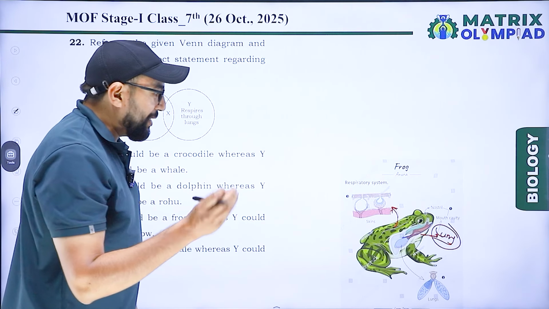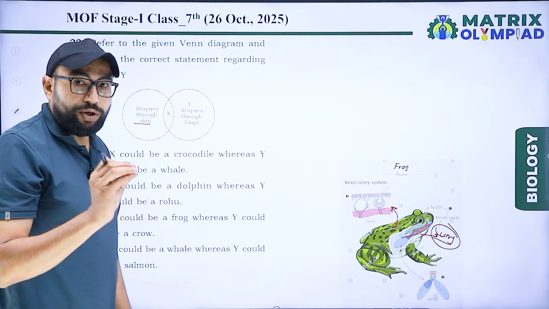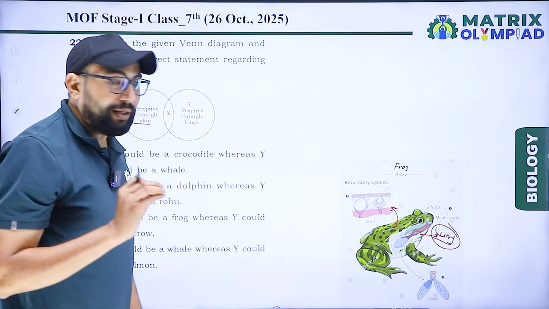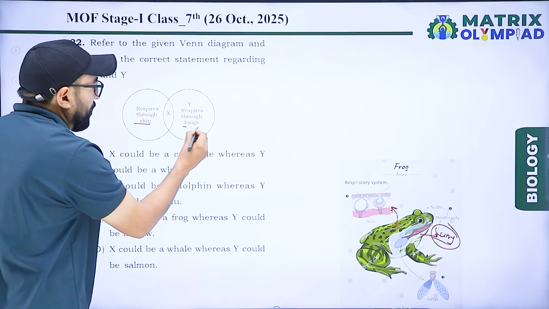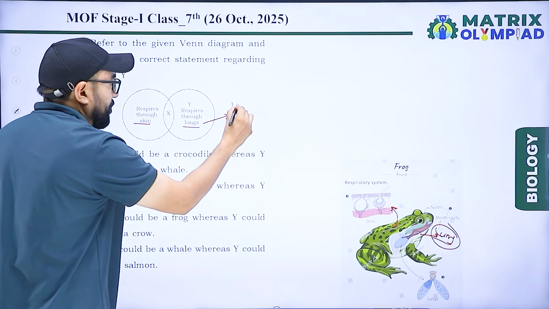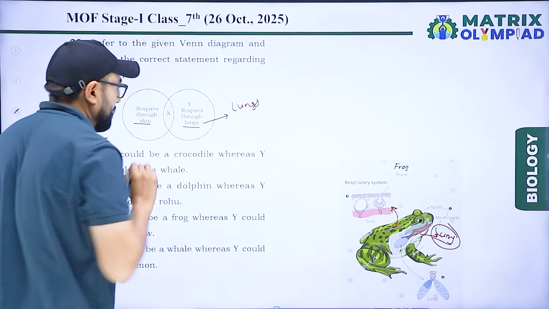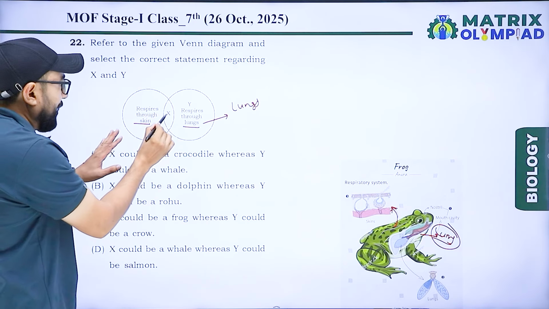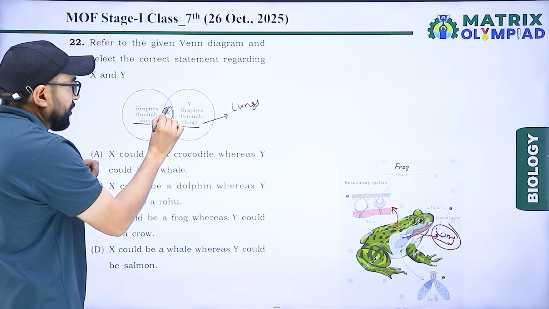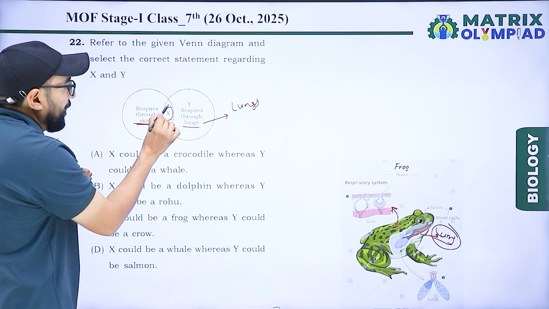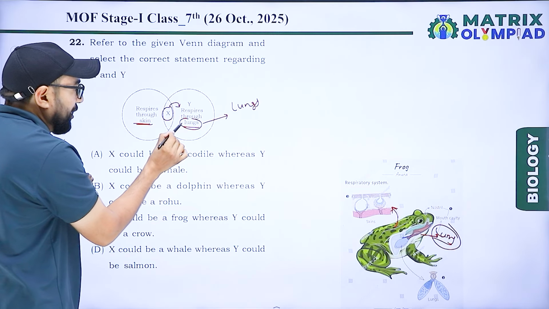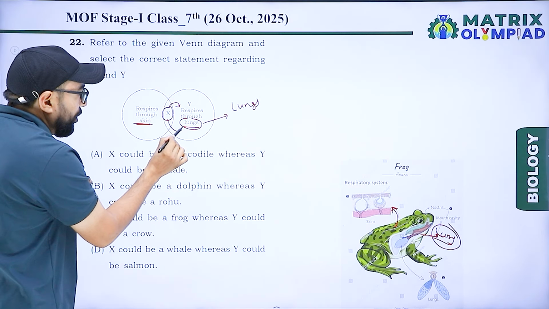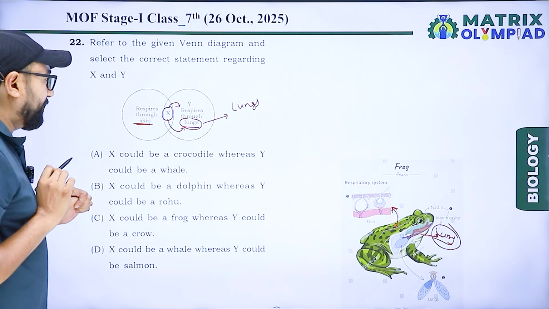Two essential organs in the frog help in respiration. X respires through skin and Y through lungs. X also uses lungs for respiration.